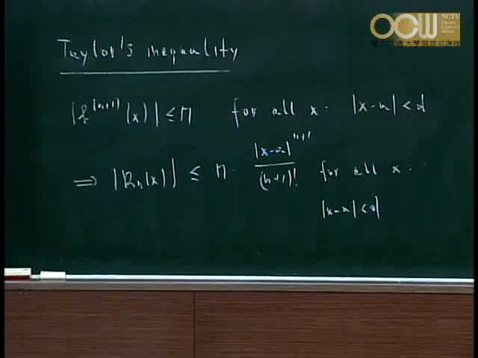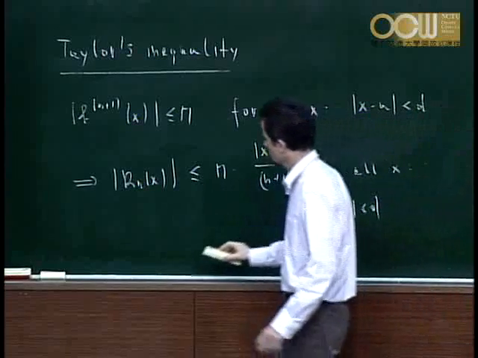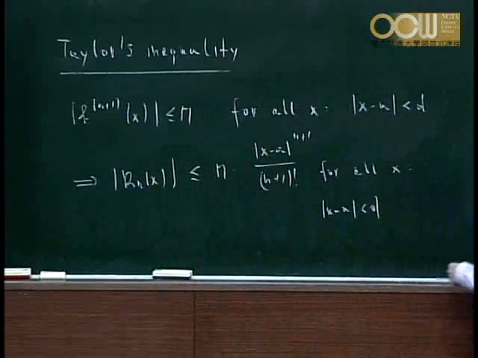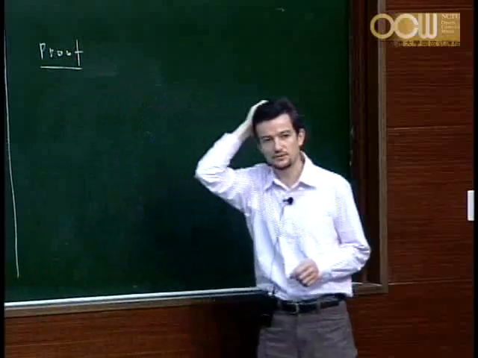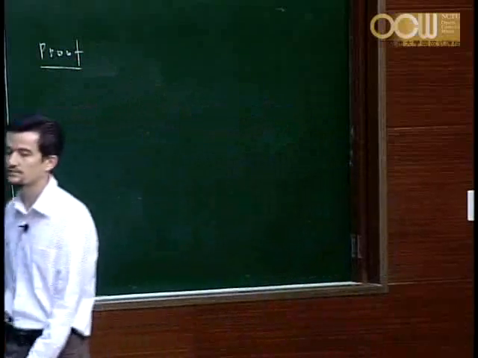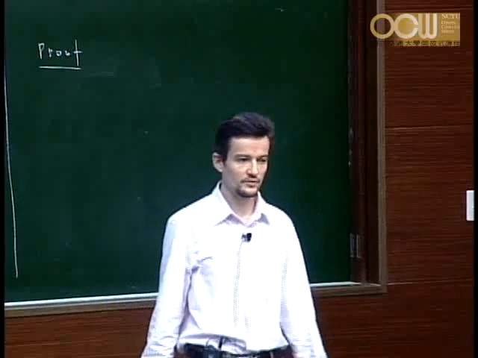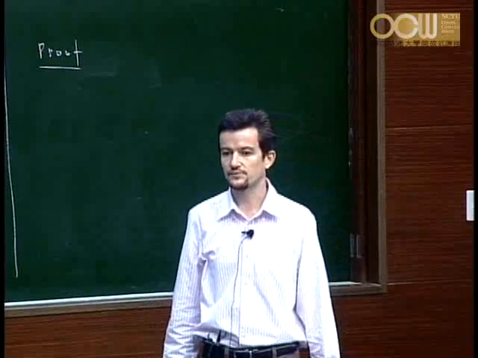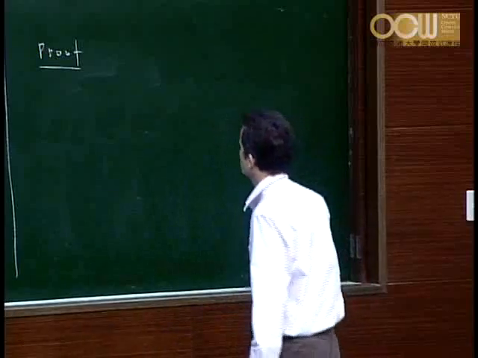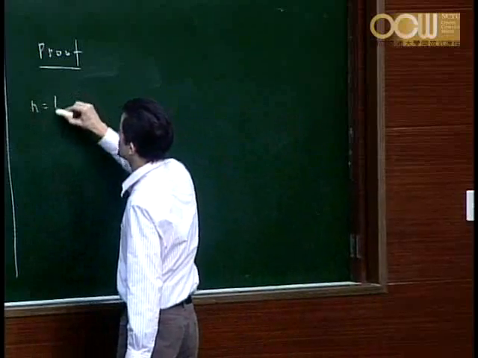Now, actually, the proof of this is not very complicated. So let's look at the proof, and the general proof, if I remember correctly, is an exercise in our textbook. So let's just look at the case where n is equal to 1.